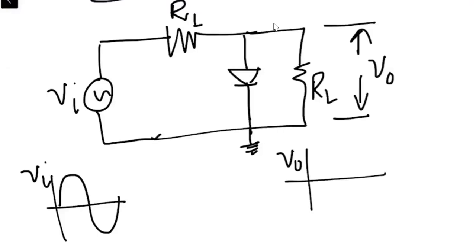Okay, what is going to be the output if we have the positive half cycle? What is going to be the output? Anyone? पॉजिटिव हाफ साइकिल आएगी तो डायोड क्या होगा?